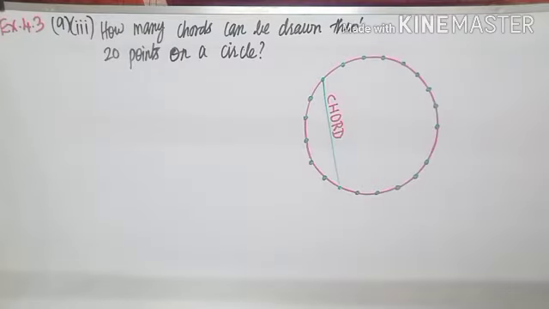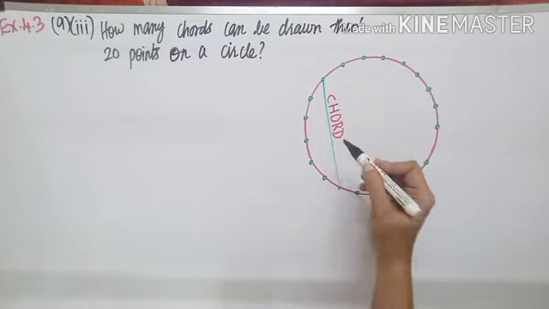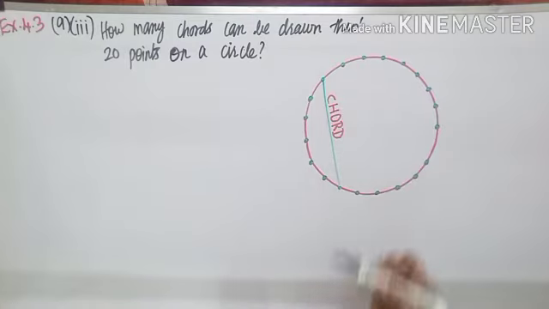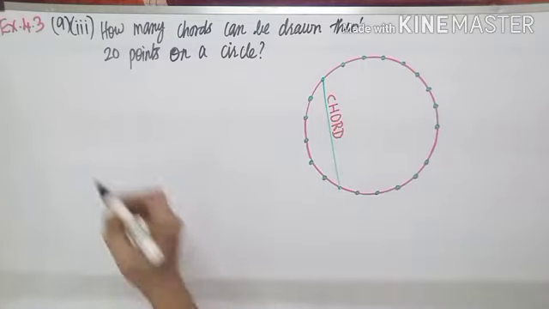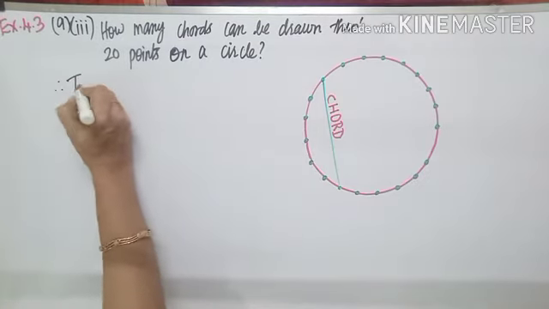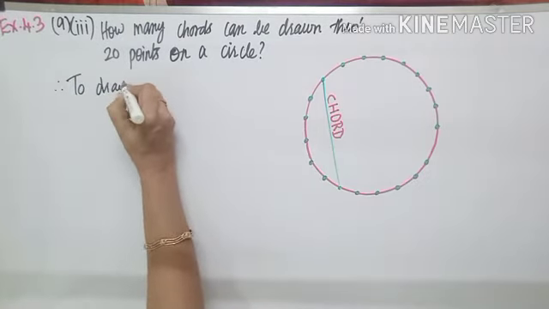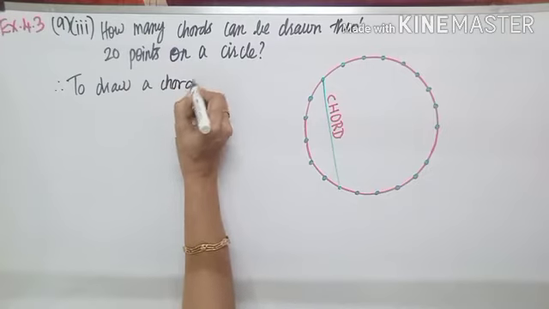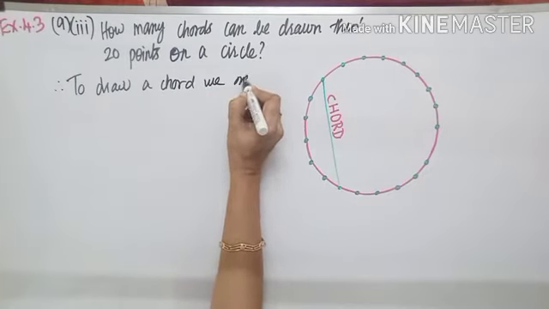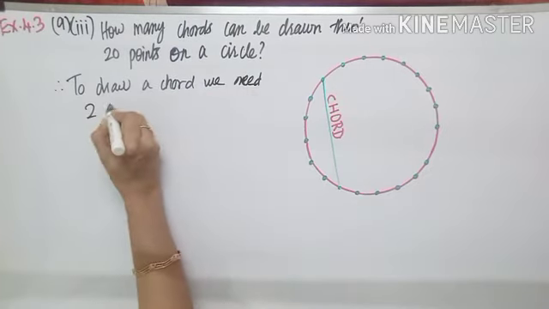Subsection 3. How many chords can be drawn through 20 points on a circle? A chord joins any 2 points on the circle. Therefore, to draw a chord, we need 2 points. How many points are given? 20 points.